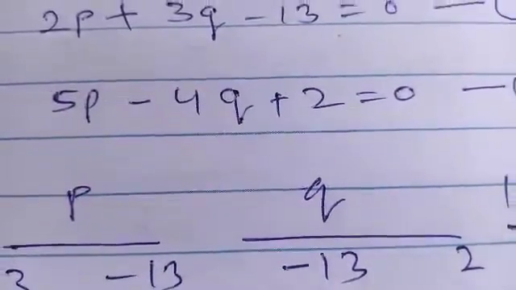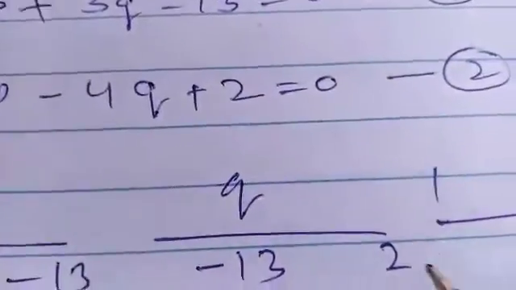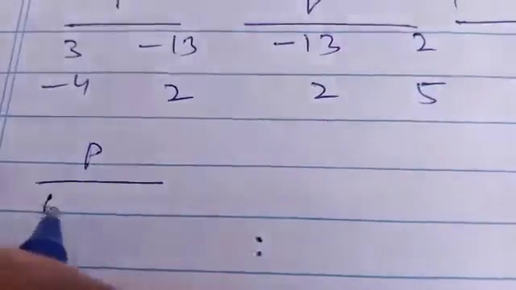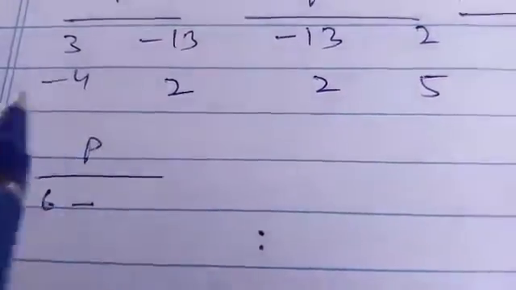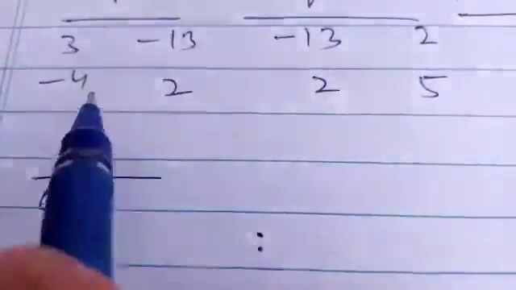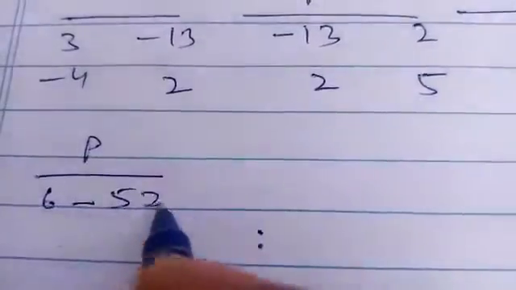Taking the values of q, 3 and -4, repeat again. 6 minus, and here minus plus 13 for the 52.